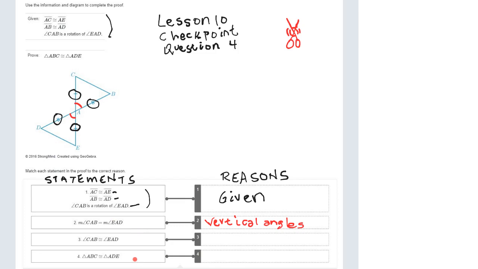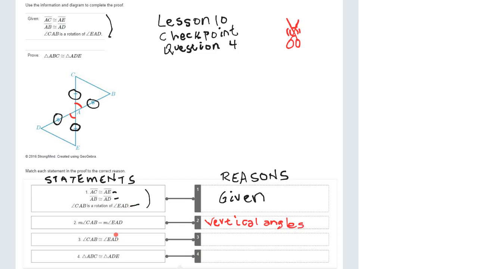Line 3. Any questions on that? Every time you see that now in an image, even if they don't give it to you, you'll know because of this that it's an example of vertical angles.